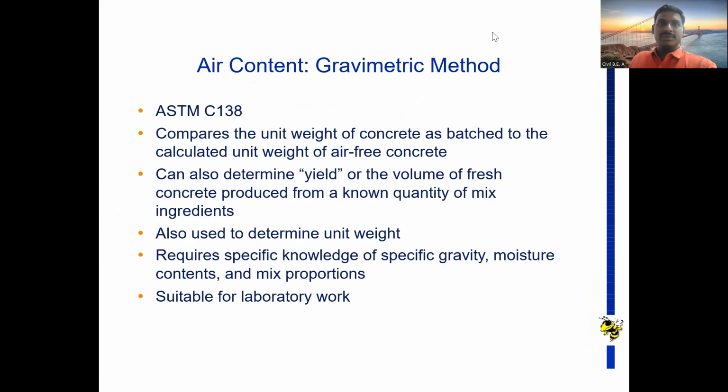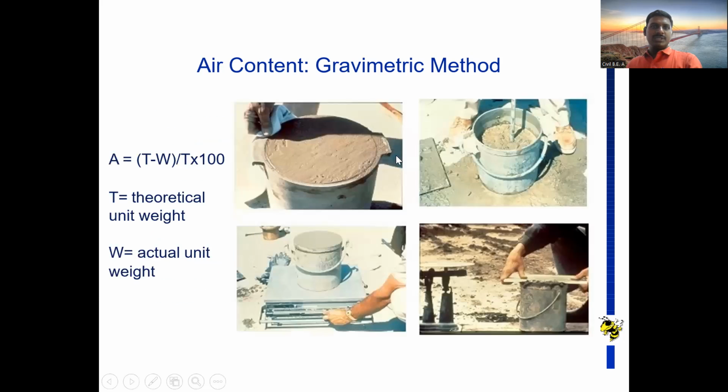Here, this is the gravimetric method, which is as per the American Society for Testing and Materials. We use this method for calculation of the air content also. Here they have given the procedure for calculating air content by the gravimetric method.